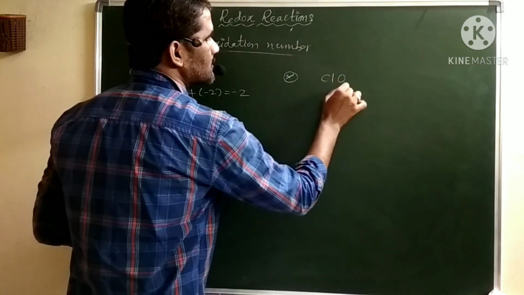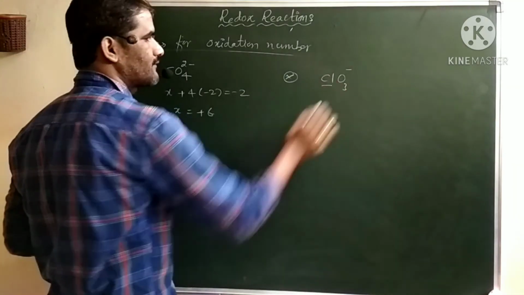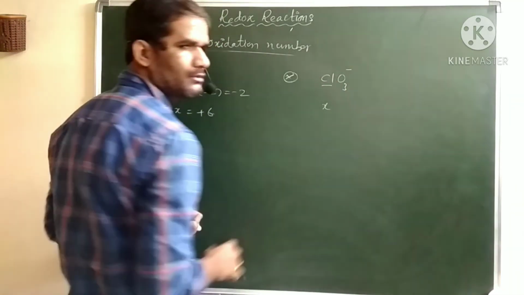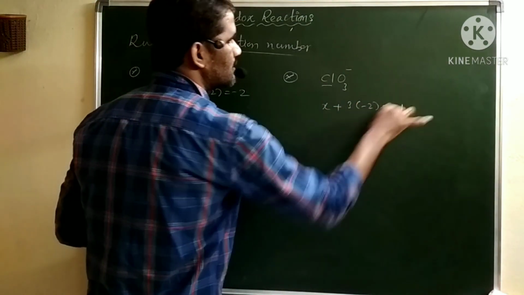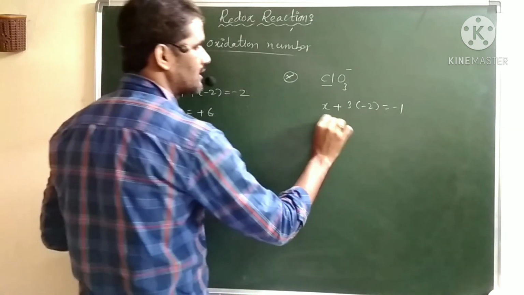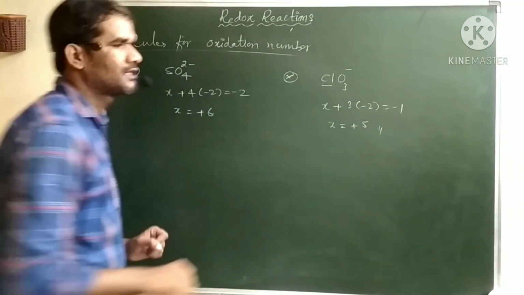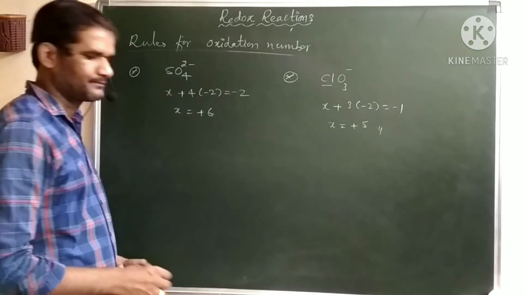Let me take ClO3 minus. Here what is the oxidation state of chlorine? Again let us assume X plus 3 into minus 2 equals minus 1. Now we will get X equal to plus 5. Since it is ClO3 minus, the oxidation state of chlorine is plus 5.